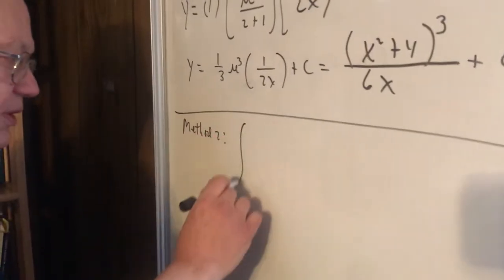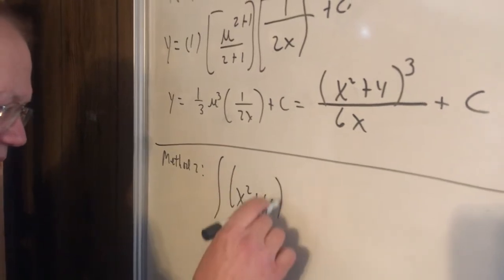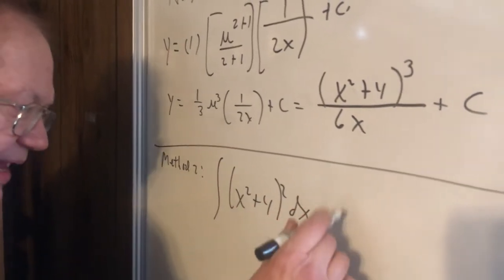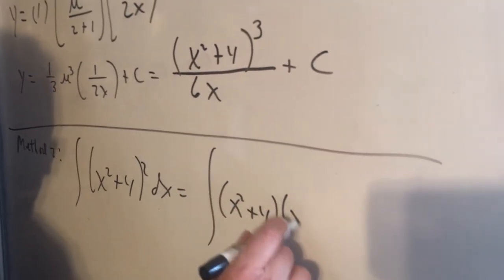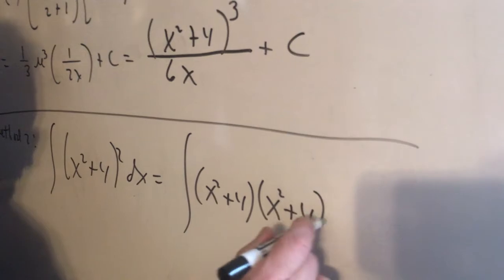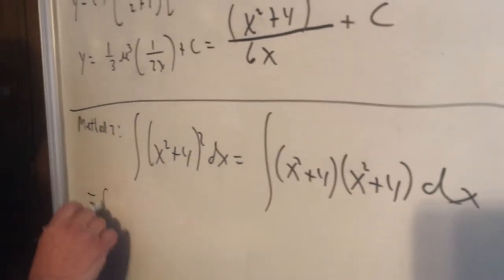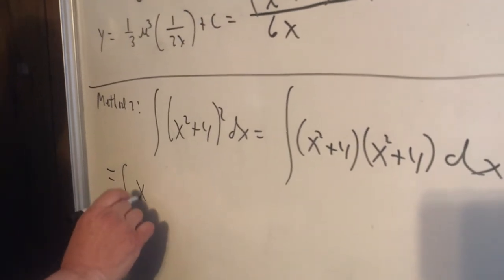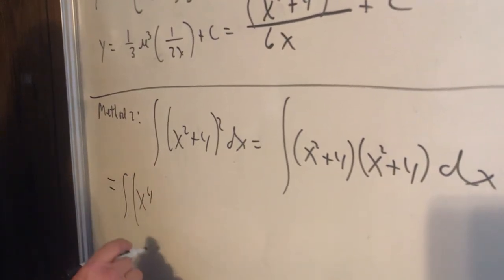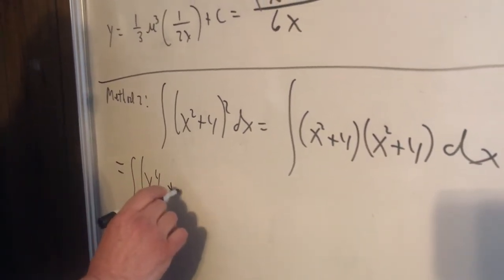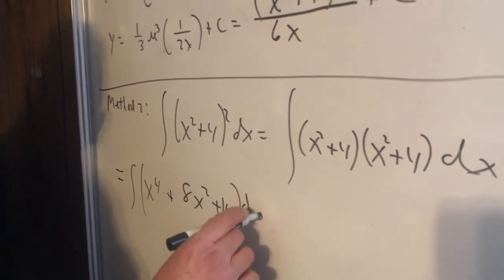And what I'm going to do is I'm going to take this and expand it. That means just do a FOIL of both of them, and that reduces to x fourth plus 8x squared plus 16 dx.